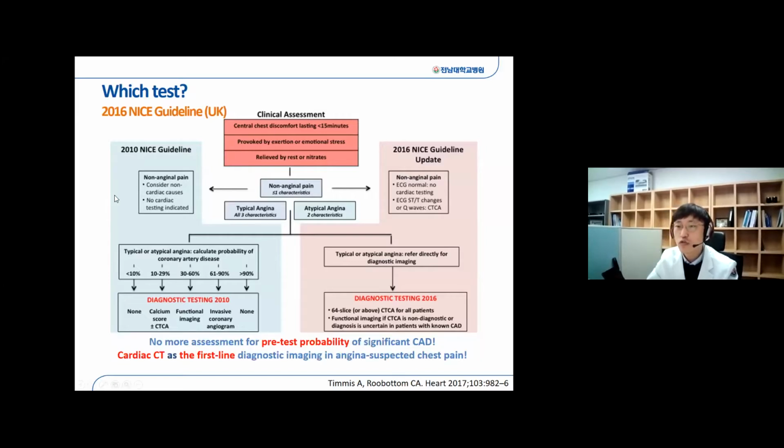So the two major changes in the NICE guideline include, number one, no more assessment for pretest probability, and number two, cardiac CTA as the first line diagnostic imaging in angina suspected chest pain, regardless of pretest probability.